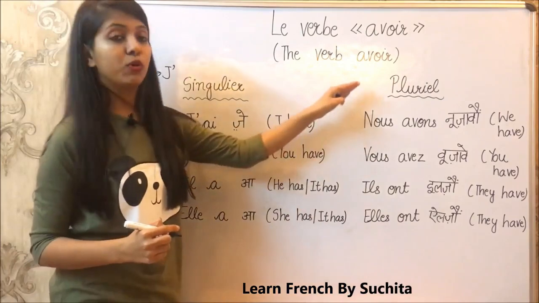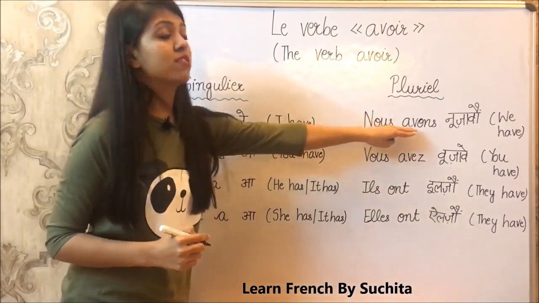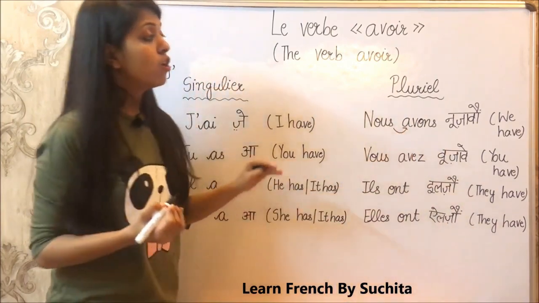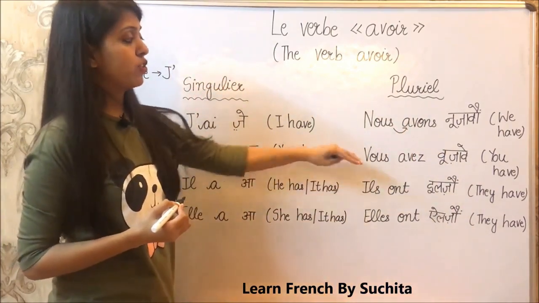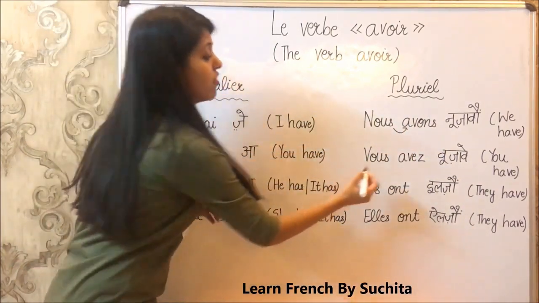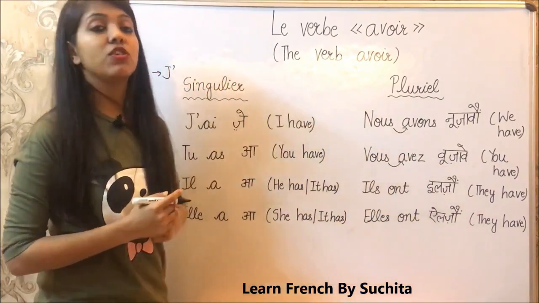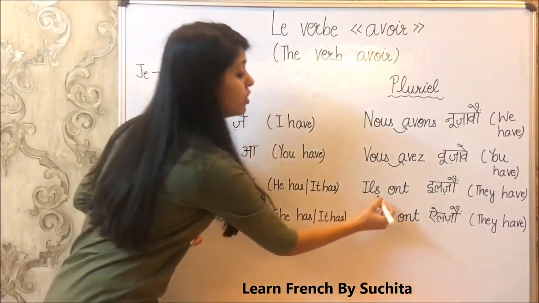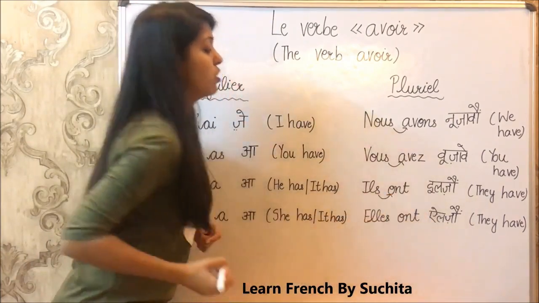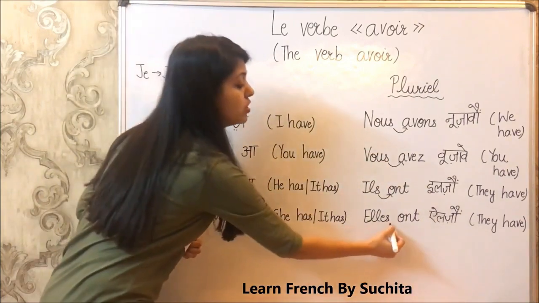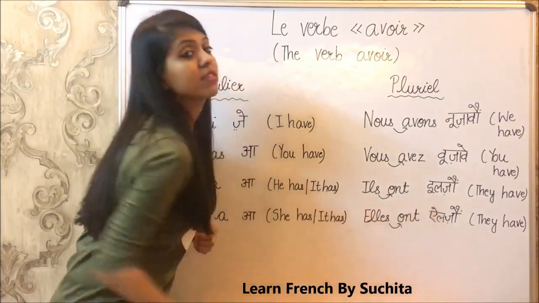Now let's come to the pluriel. Nous avons, the rule of liaison. We have. The next one is vous avez, again the sound of z, the meaning is you have. Here again liaison. Ils ont, which means they have, and elles ont, which means they have.